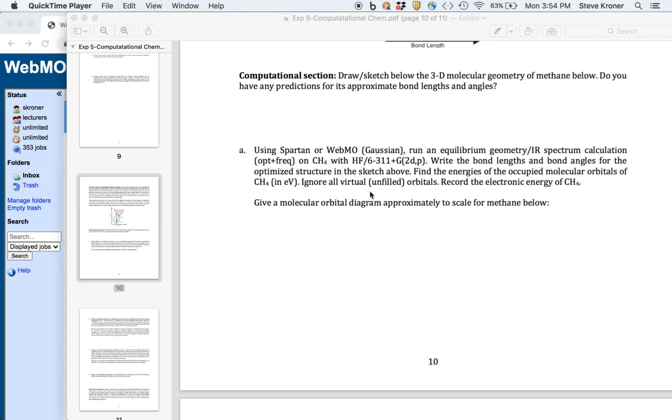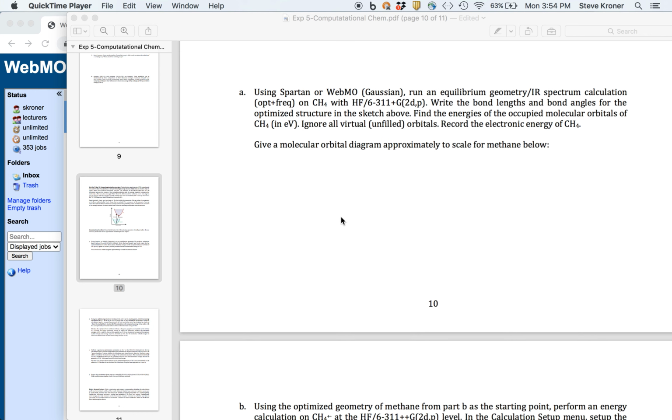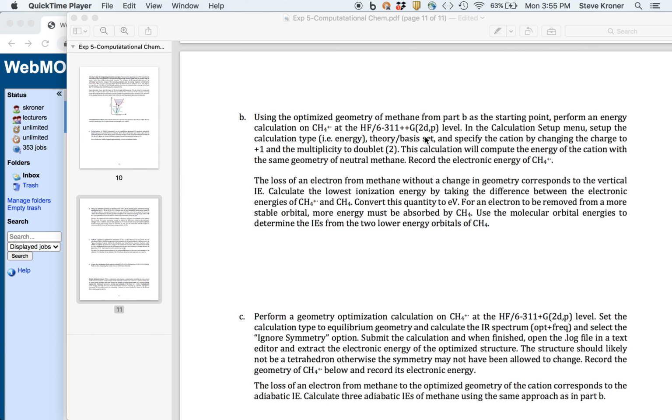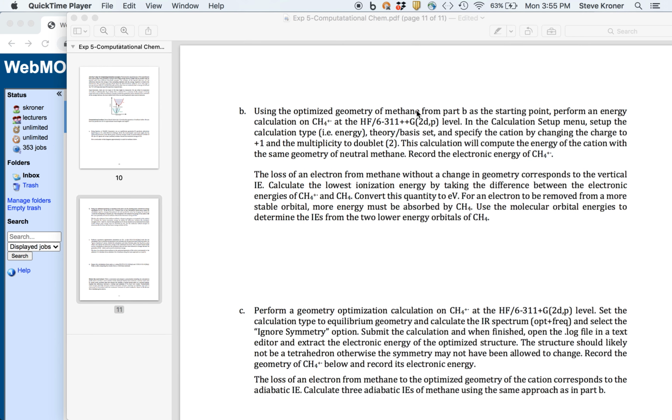We're going to ignore the virtual and unfilled orbitals and construct an MO diagram. Maybe in a later video we'll look at how to get the energies of the molecular orbitals from the calculation. We're going to compare the energies of those MOs and construct an MO diagram, and then use the optimized geometry of methane as our starting point.